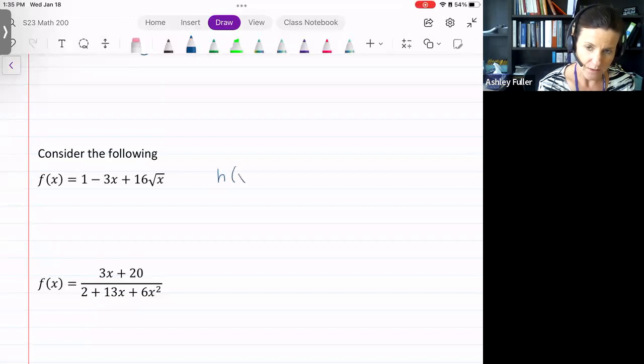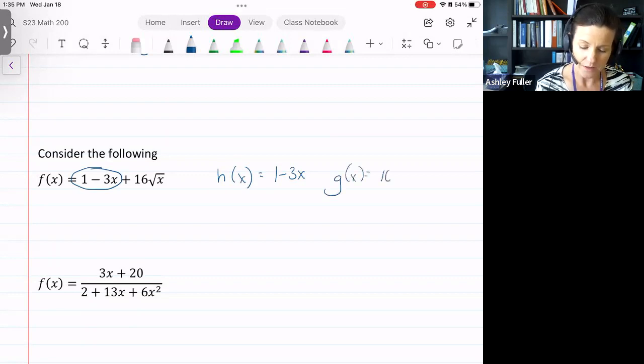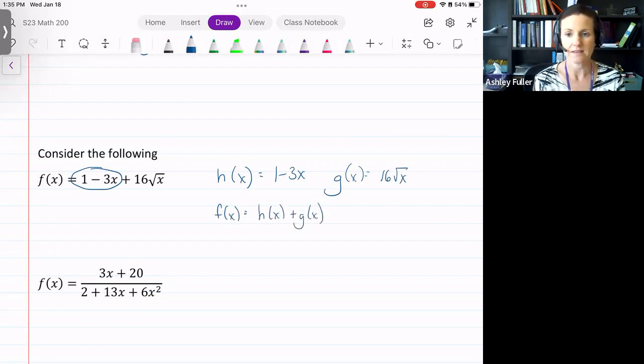There's several ways that we can define these, but if I want to define h of x as 1 minus 3x, notice that takes care of this portion. And then I can define g of x to simply be the 16 plus the square root of x, leaving us with f of x is equal to h of x plus g of x.